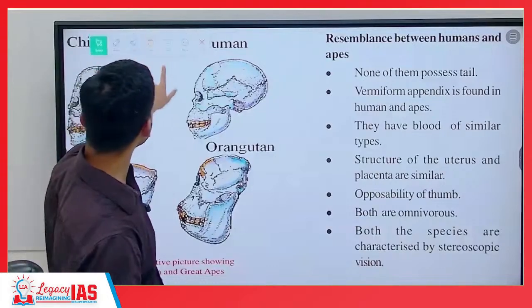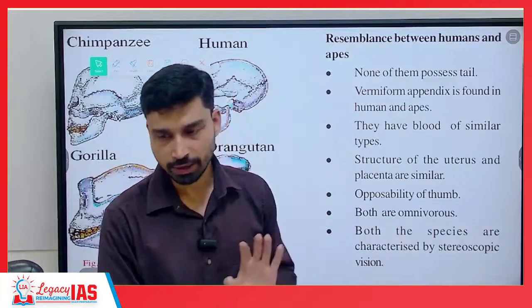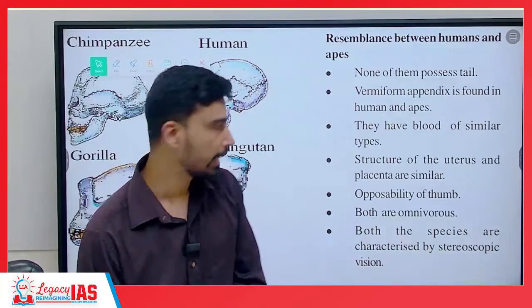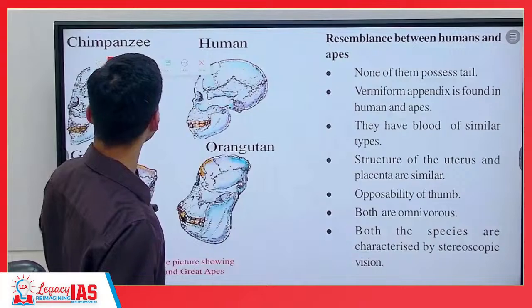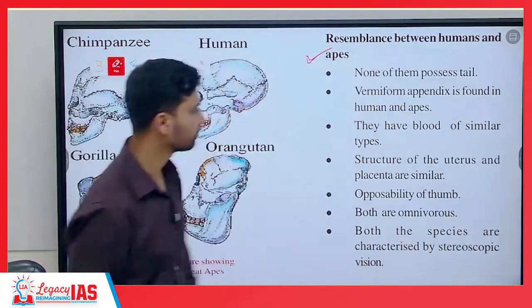Now, in comparative anatomy, first of all, we can write about the resemblances. What are the common factors between man and ape? A few points we can add here.